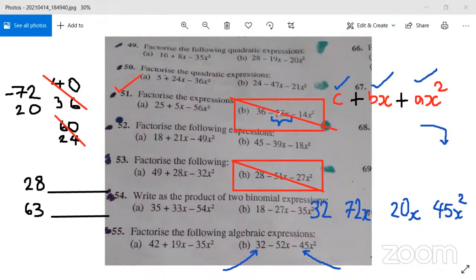So minus 72x plus 20x minus, right? So there we have it. So let's go here and here.